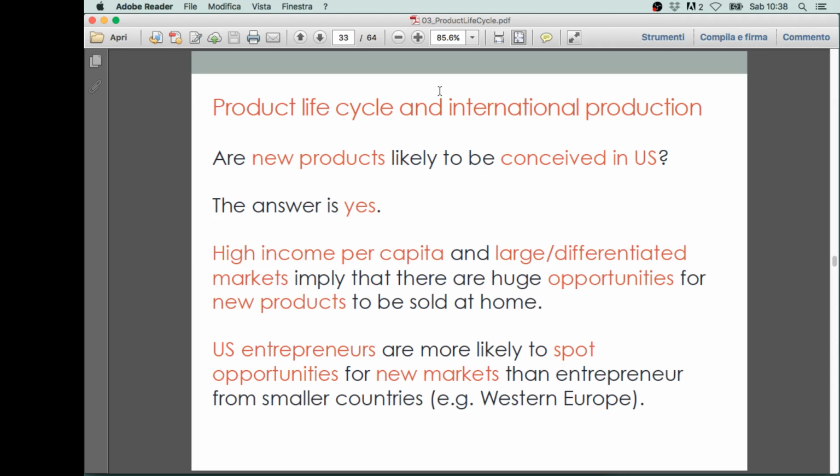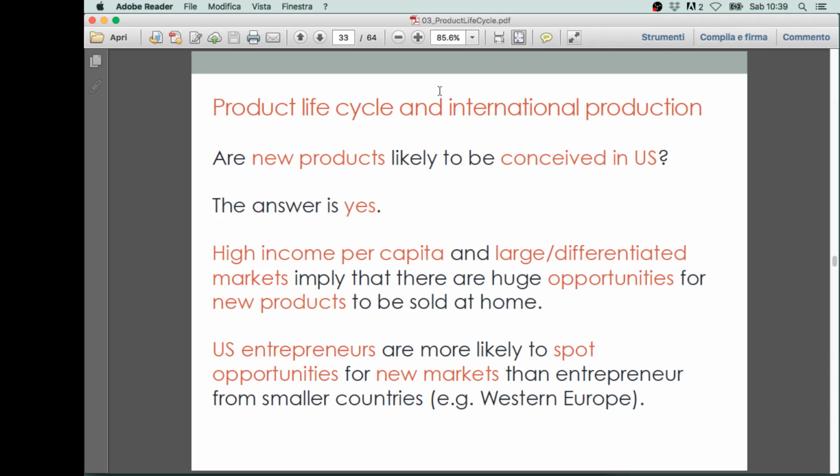And the main activity of an entrepreneur is to search for new market opportunities. So US entrepreneurs, compared to, for instance, European entrepreneurs, are much more likely to spot opportunities for new markets and new products in the US.